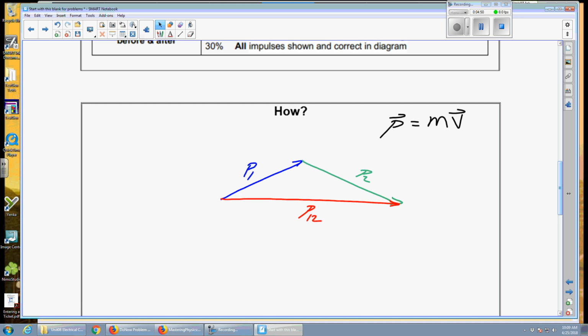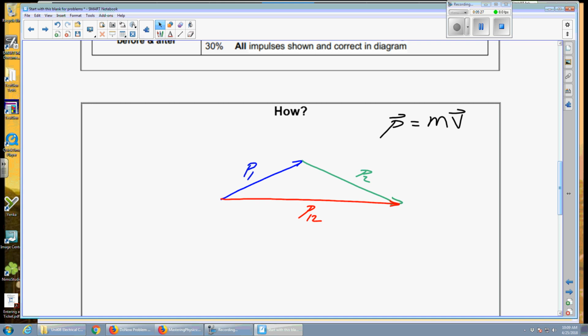Now, mine kind of looks like a right triangle, but I know it's not a right triangle. So I have to make a choice now. Do I want to just deal with it as a triangle, and I know I'll have to use some of that scary trig stuff of law of sines and law of cosines, but I'm pretty confident there'll be fewer math steps. Or do I want to break these into their components and say, okay, I know that the components of blue plus the components of green will equal the components of red.